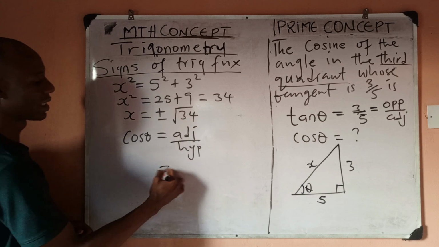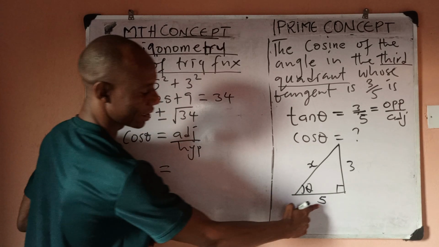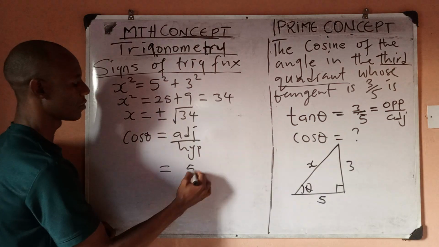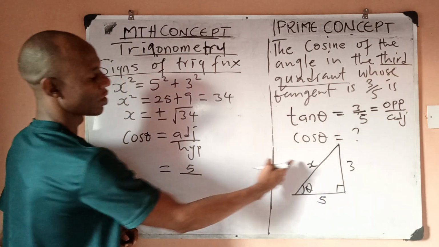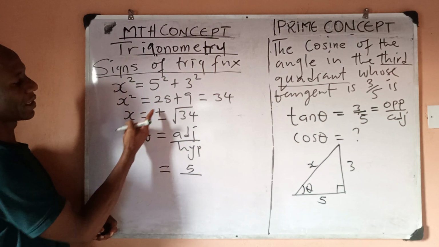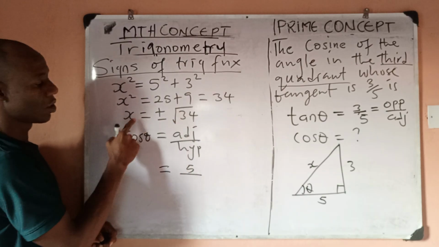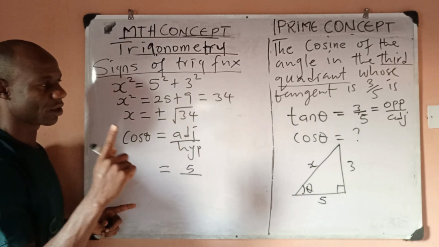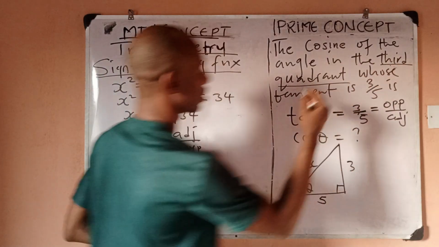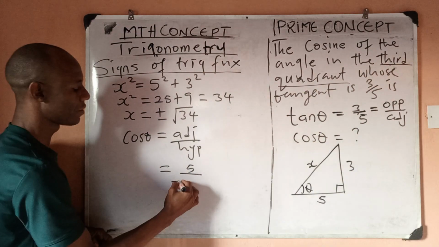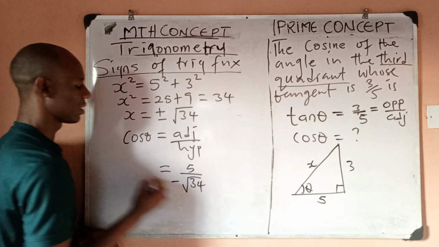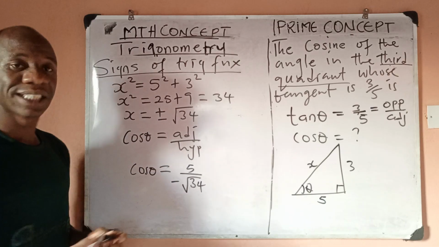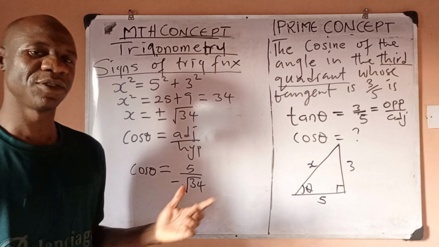Hypotenuse. Now, what is our adjacent in this place? 5. So 5 over our hypotenuse, x. And what is x? Either plus root 34 or minus root 34. So which one of them are we taking? You are very correct. Because they told us third quadrant, so we're going to take the negative. So I'll have negative root 34, which is still the same result as what we got previously, right?